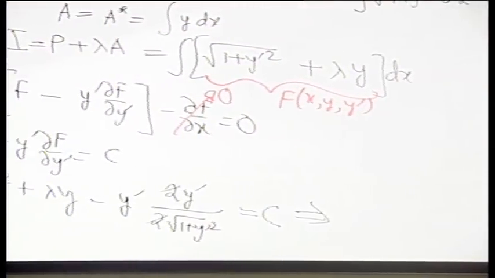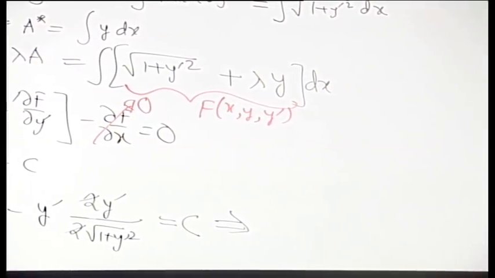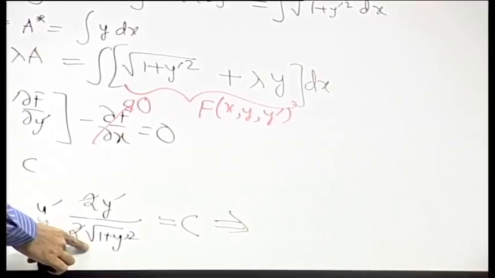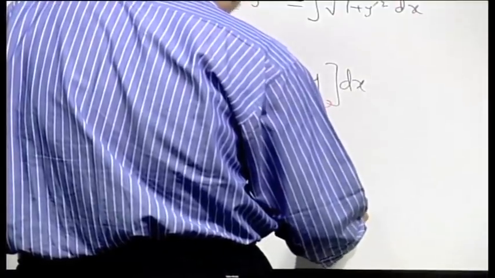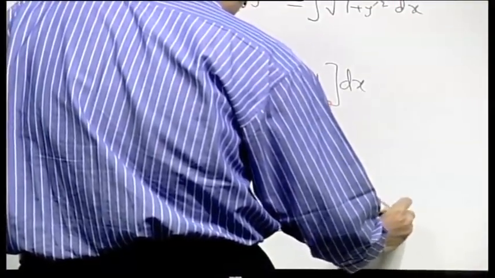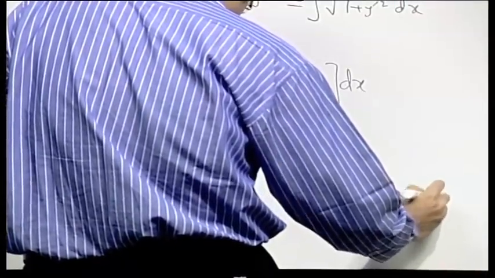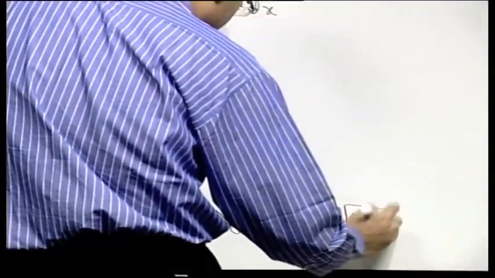So we can simplify it by writing this as, if we multiply both the sides by square root of 1 plus y prime square, it will become 1 plus y prime square plus lambda y minus y prime square is equal to c into square root of 1 plus y prime square.